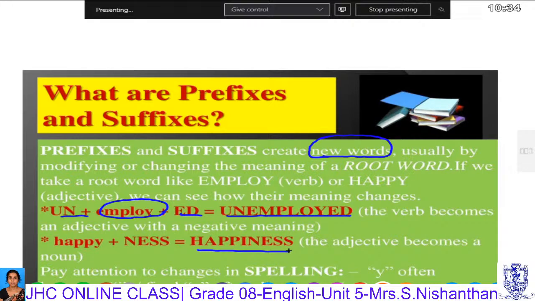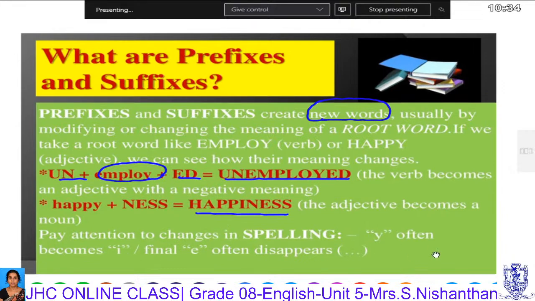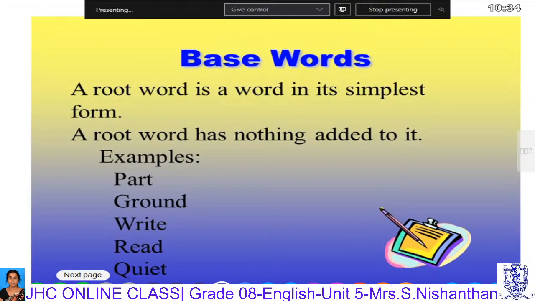Happiness is another noun. When a word ends with y, the y becomes i, or a final e often disappears. In happiness, the y disappears and becomes i. If there is a final e, mostly it disappears. If there is a y, we change the y to i.